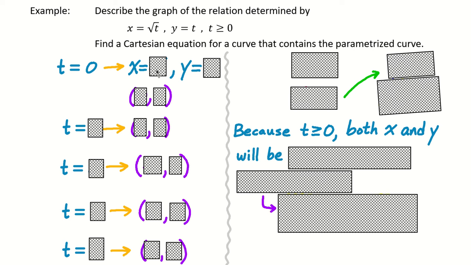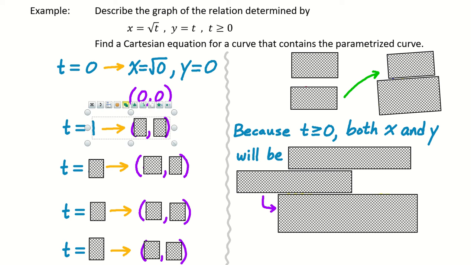If t is 0, then x is going to be the square root of 0, and y is literally equal to t, so y is 0. So ultimately, a point on this parametric curve is going to be (0, 0). And let's say we let t equal 1. Plugging in 1 for t, you would get separate x and y values of 1, 1.